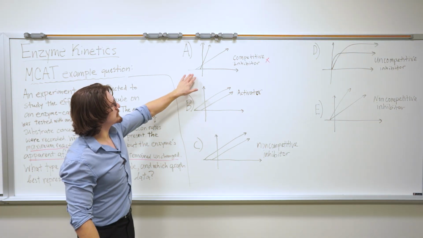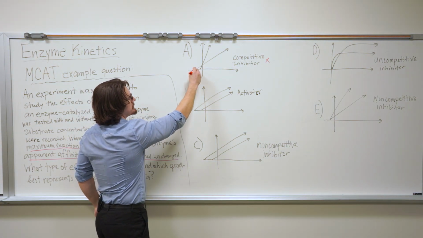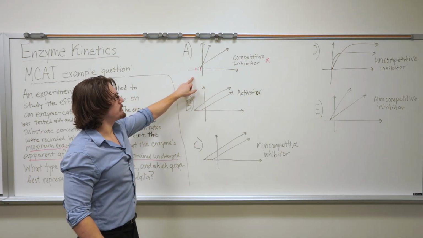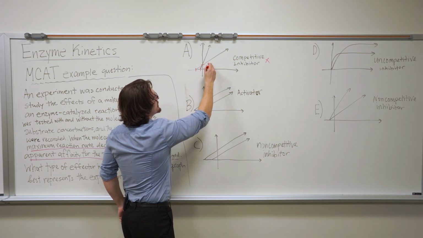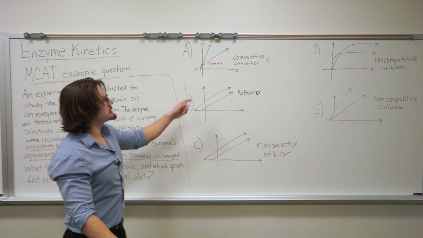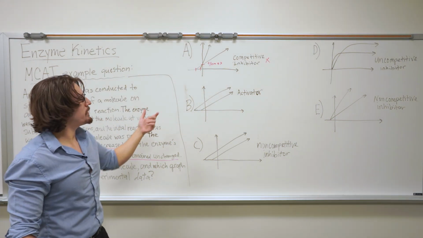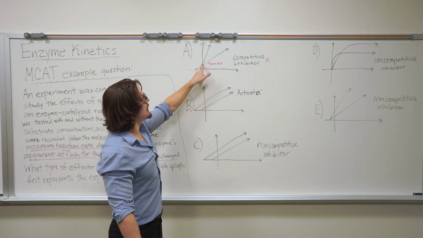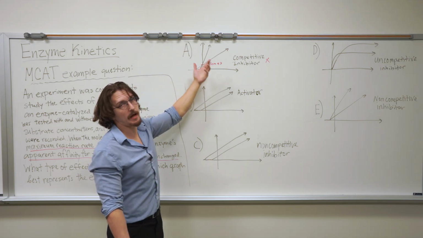But then if we look at the Lineweaver-Burk plot, remember that the x-intercept here and here is going to be negative 1 over Km. And then we know that this y-intercept is 1 over Vmax, just to remind you. And again, if the Vmax were to change, which is what they're saying in the question, this 1 over Vmax, with the inhibitor present, would not be intersecting at the same place as without the inhibitor present.